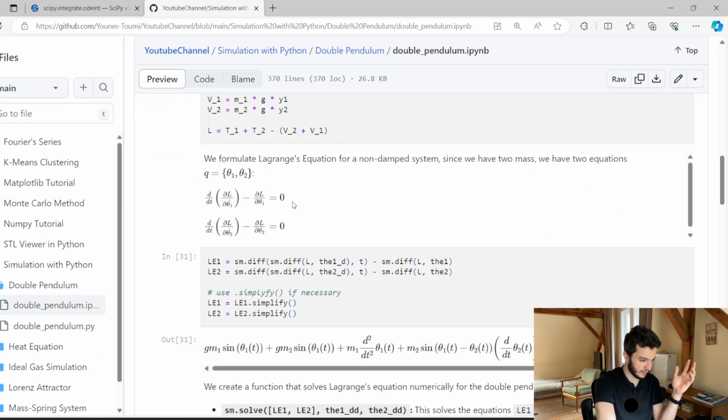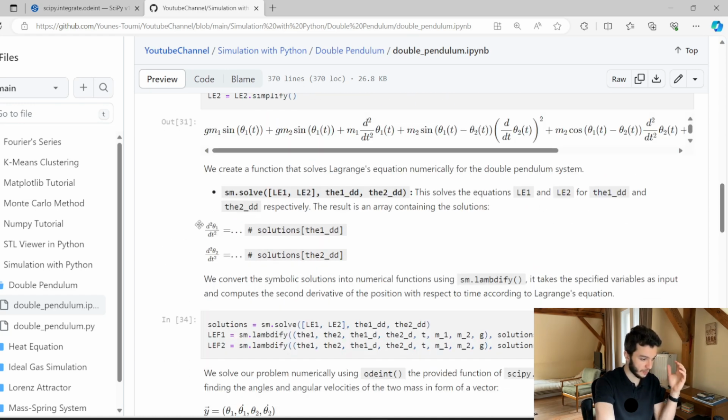This is the first equation and this is the second equation. Now there are terms in this equation that appear in this equation, and so it's a combination of the two equations. Again, what you need to do is to form, for example here in the case of theta, the second derivative of theta 1 is equal to something, and the second derivative of theta 2 is equal to something.